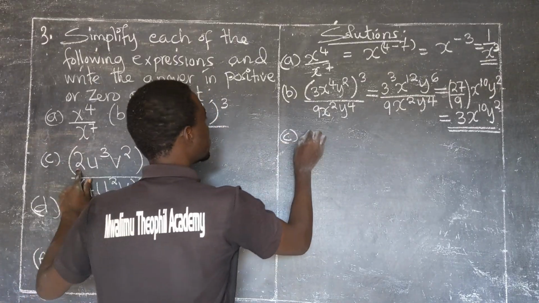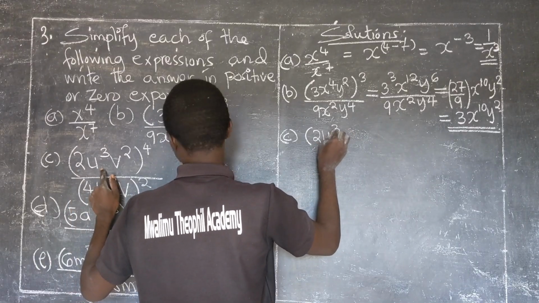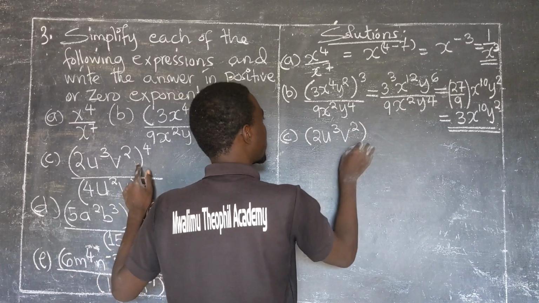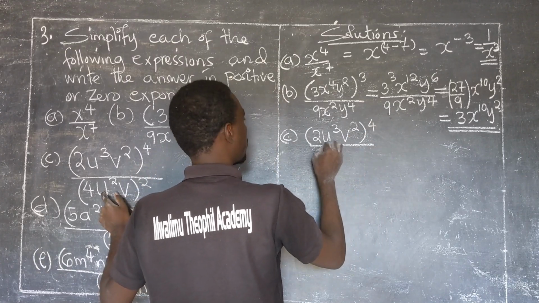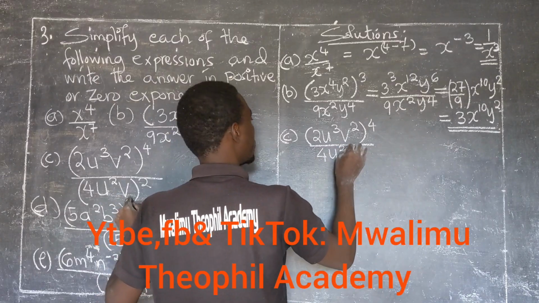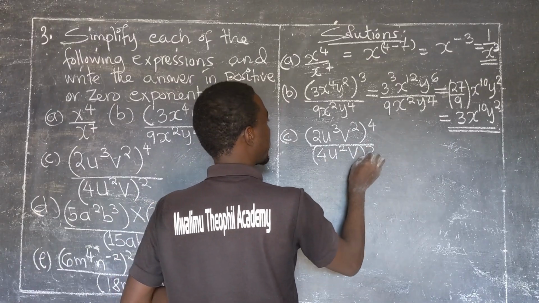Okay, let's go to part C. In C we are given 2u raised to 3 times v raised to 2, bracket raised to 4, over 4u squared v, bracket squared.